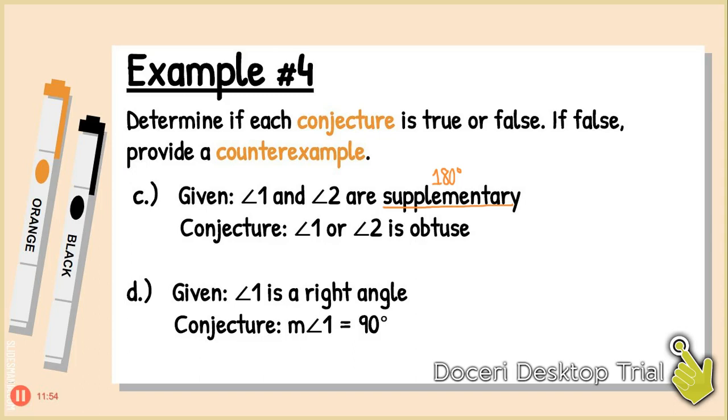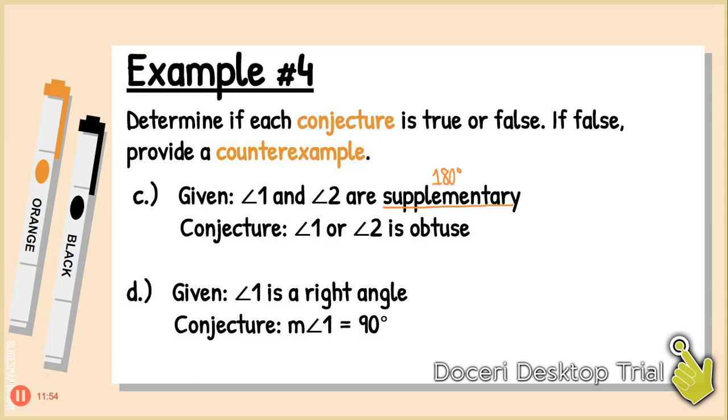And that can be true. That totally can be true. If I have a 20-degree angle and I have a 160-degree angle, my 160-degree angle is definitely obtuse.